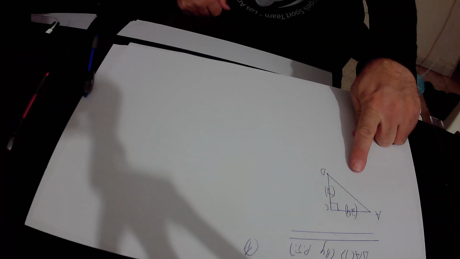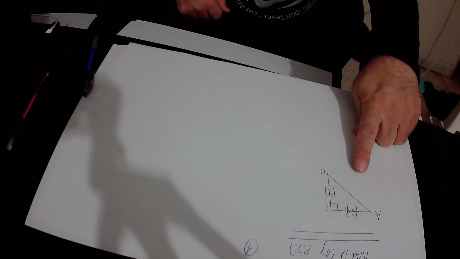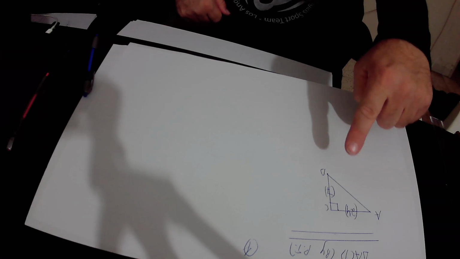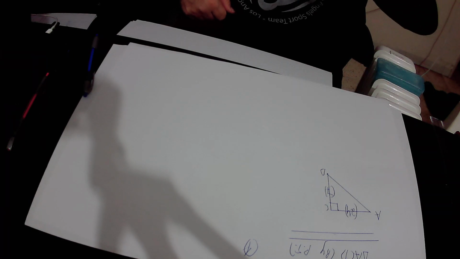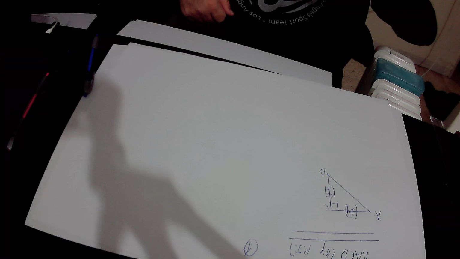So actually, this is the right triangle ACD, copied from the original drawing. AC equals 24 and CD equals 7 units according to what is given in the question.